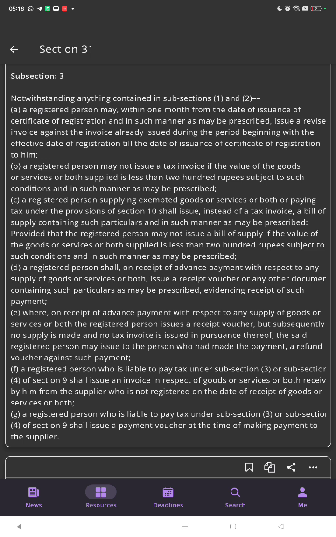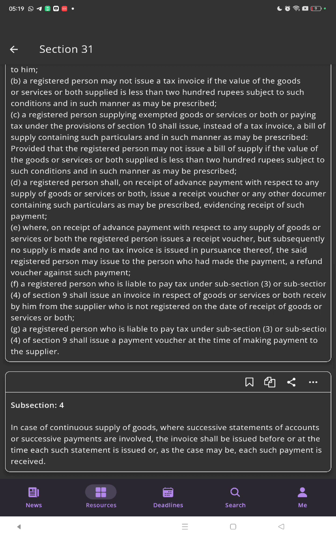A registered person shall, on the receipt of advance payment with respect to any supply of goods or services or both, issue a receipt voucher or any other document containing such particulars as may be prescribed, evidencing the receipt of such payment.